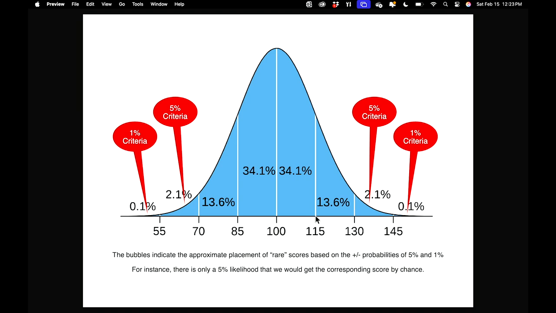It has to be different than 95%. The 1% has to be different than 99% of the possibilities. It has a 5% or lower likelihood of happening by chance, or a 1% or lower chance of happening by chance. And the same thing applies on the other end, just going in the other direction, a 5% chance that it is that low or a 1% chance that it's that low.